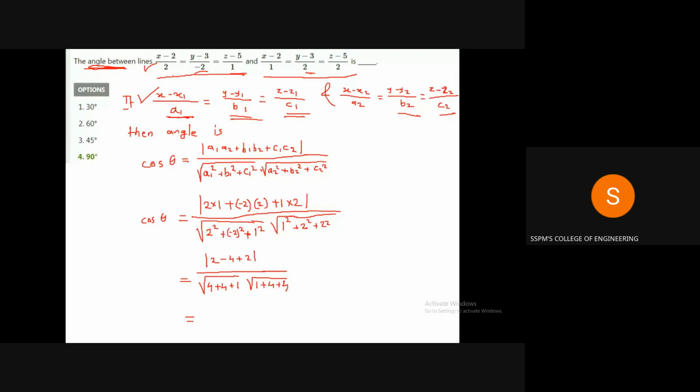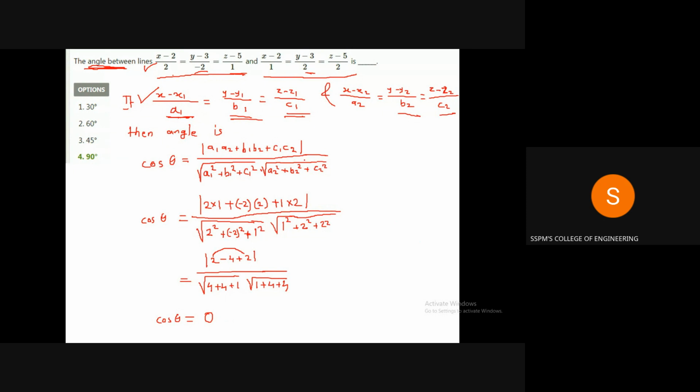In the numerator, 2 plus 2 is 4, and 4 minus 4 is 0, so the whole value will be 0, therefore cos of theta is equal to 0.